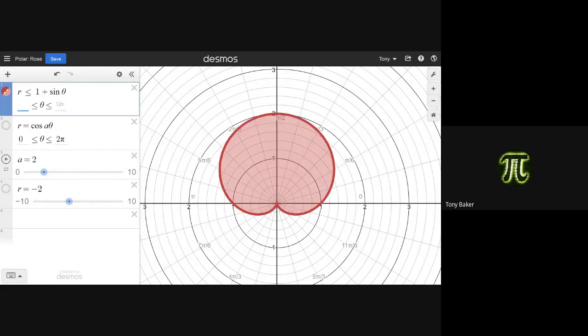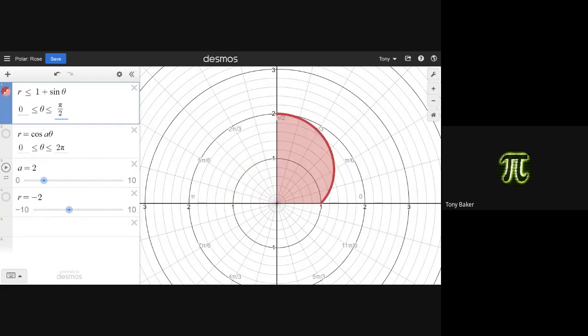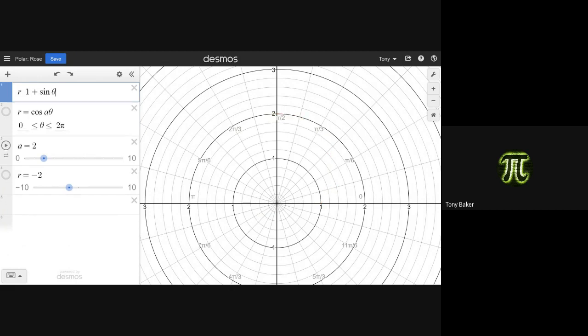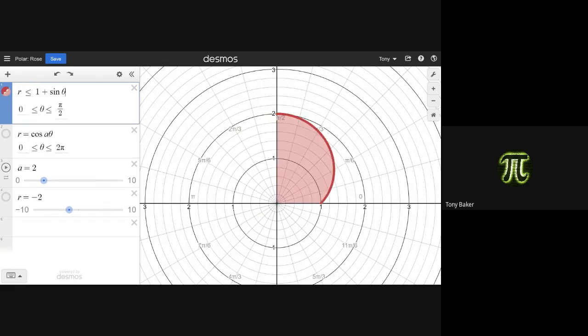All right, so let's look at this just from 0 to pi over 2. The less than or equal to in this case is just to get the shading. If I make this equal, the only difference is it doesn't give me the shading. The shading makes it a little easier to see things, so I left the shading out for this one.